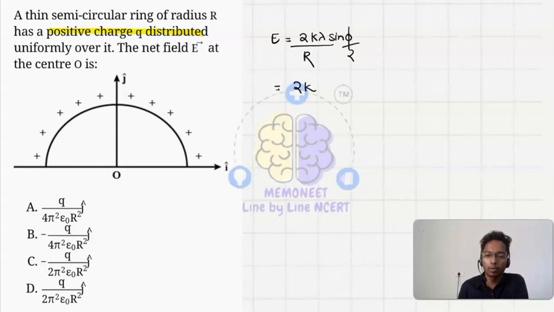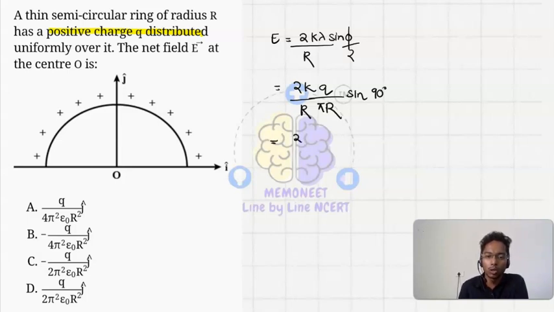What will be lambda? That is the linear charge density, q upon pi r. Pi is 180 degrees, so pi by 2 will be 90 degrees, and sine 90 degrees will be 1.